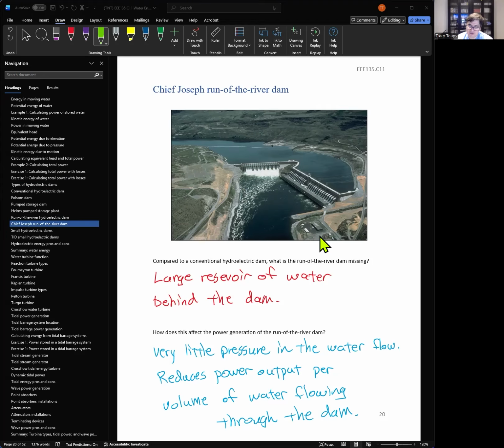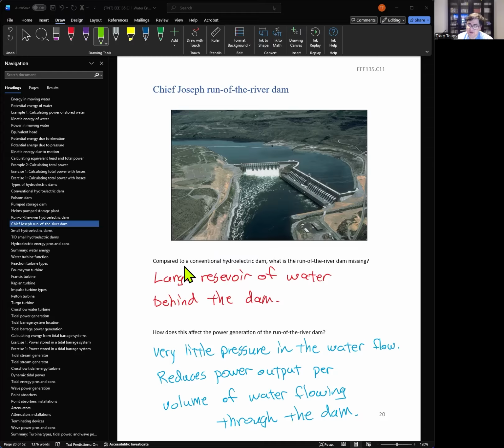And then probably off screen somewhere, there's going to be some pipes and a generator, maybe down here, that will then let the water flow back in. Okay. So not a big reservoir behind it. Height-wise, maybe 10 meters high, not too much compared to a main conventional dam.